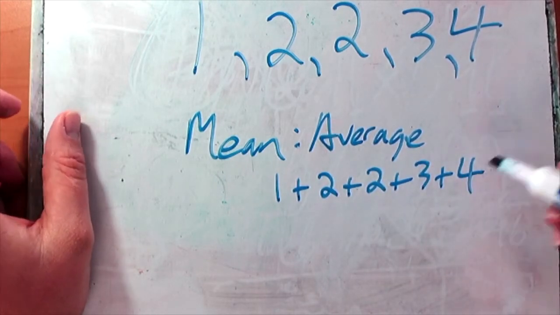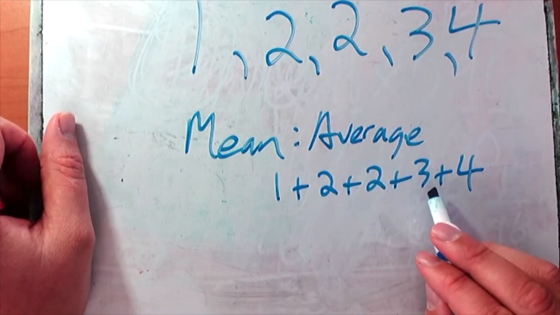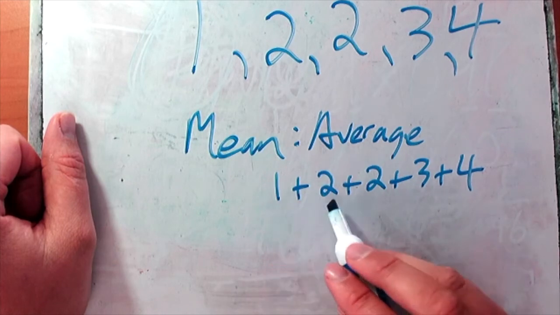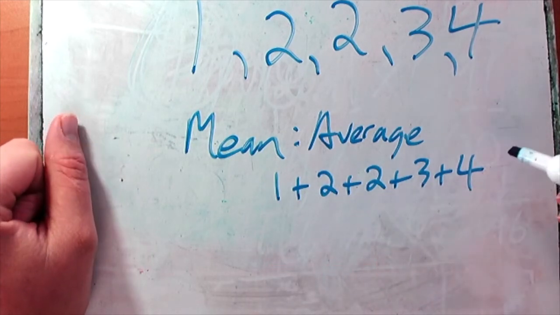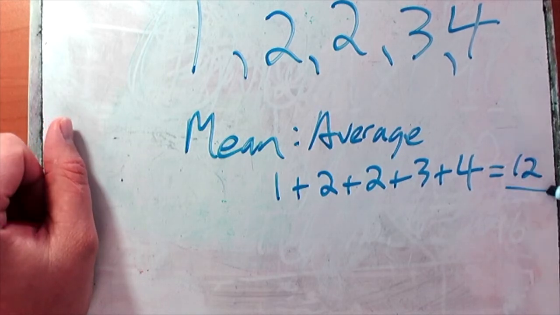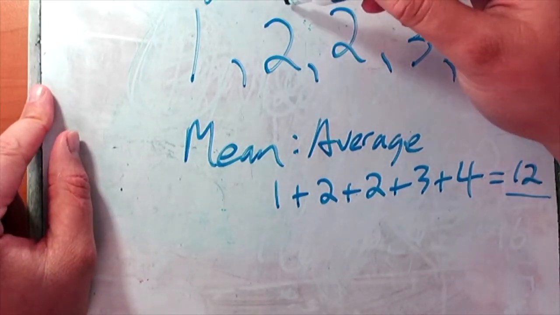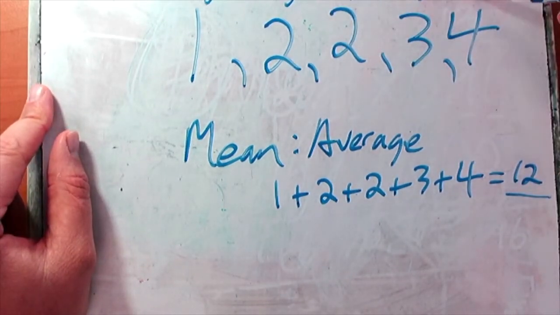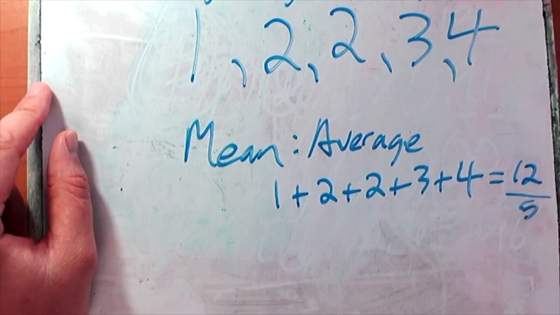So what do we get there? Well, we get 3, 5, 8, 12. Did I do that right? 3, 5, 8, 12. So if we add those all up, that gets 12. And then we divide by the number of numbers. So there's one number here, 2, 3, 4, and 5 numbers. We divide by 5.